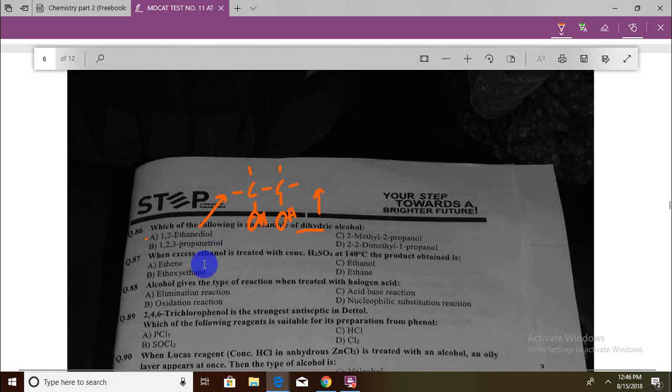And so what is that reaction? That is a reaction in which you can get an ether. But if you look over here, you don't have any such option, or do you? We do in fact have an ether, ethoxyethane. So this can be the answer.